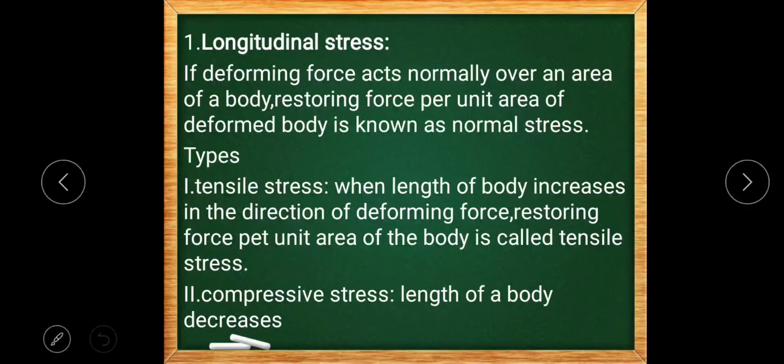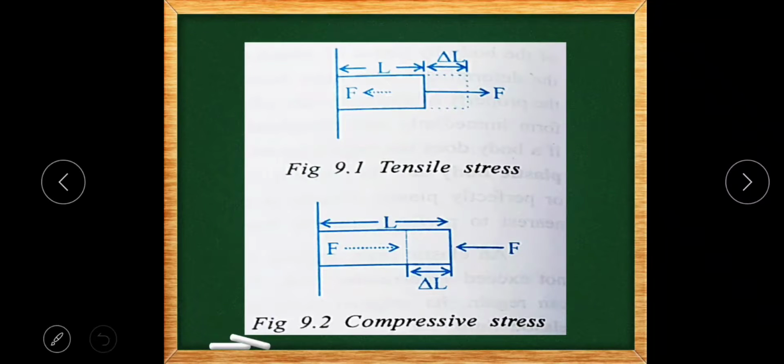If a deforming force acts normally over an area of a body, the restoring force per unit area of the deformed body is known as normal stress or longitudinal stress. You may consider this example. In both the examples, the force is applied perpendicular to the surface of the body.